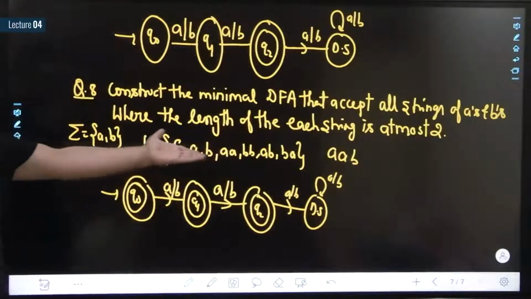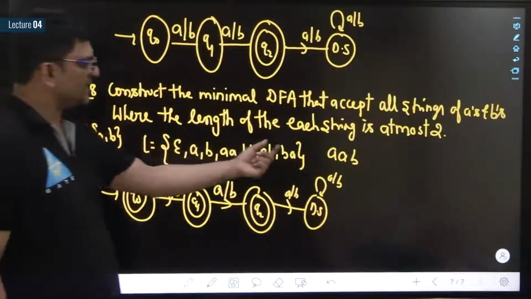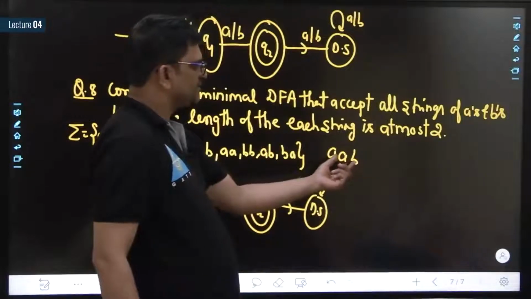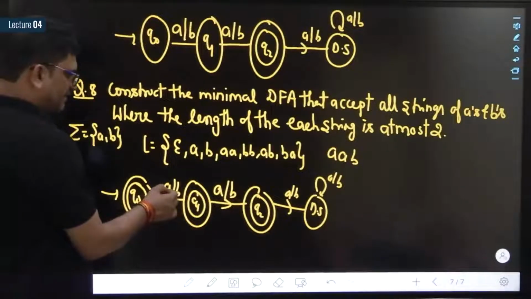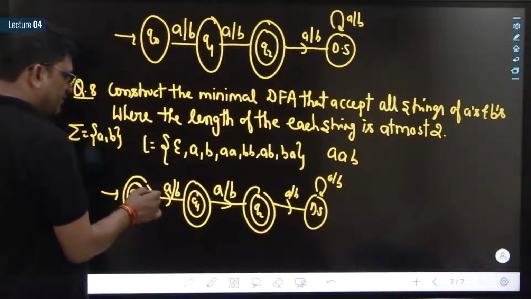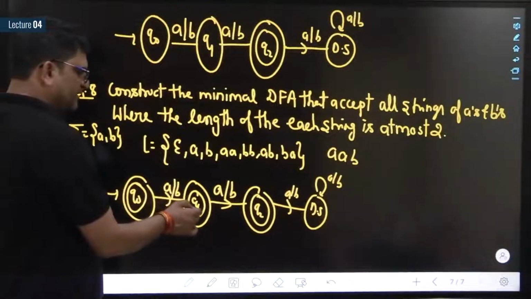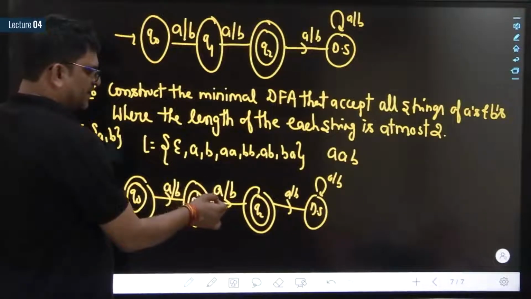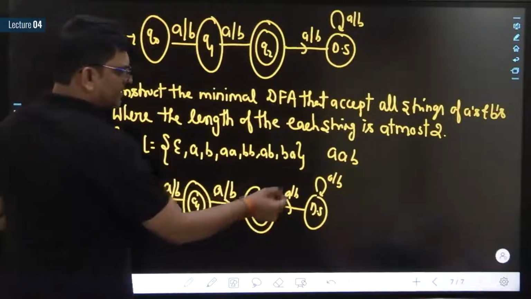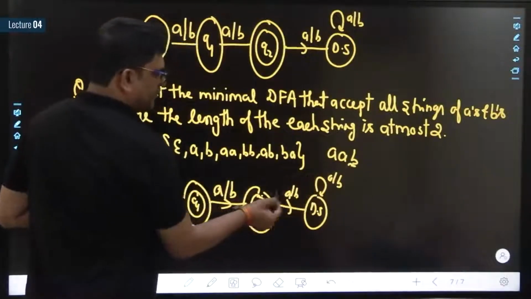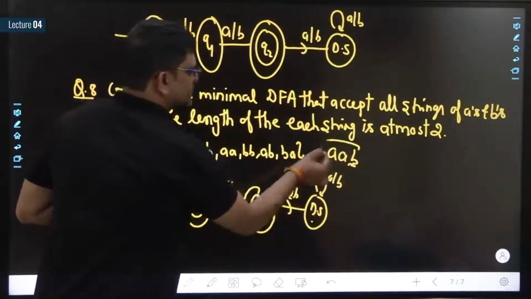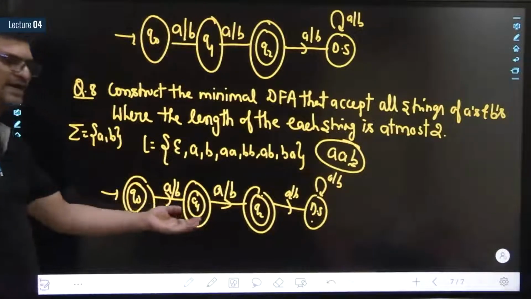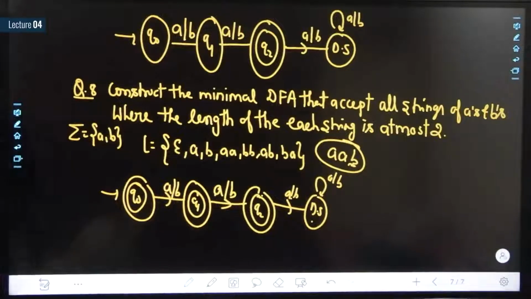This is not present in my language because the length of the string is 3, but my question is at most 2. When we read A on Q0, it goes into Q1. When we read A again, it goes into Q2. If we read B on Q2, it goes into the dead state. This string is not accepted by our DFA. Clear? Check.